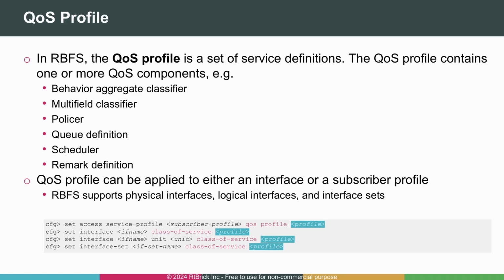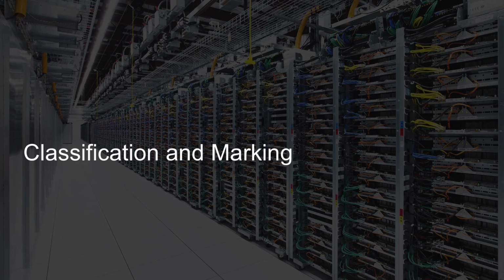QoS profiles are used to enforce quality of service on network interfaces or subscriber sessions, ensuring that critical traffic receives better treatment than less important traffic. RBFS supports assigning QoS profiles to subscriber sessions using the setAccessAccessProfile command, or to physical or logical interfaces using the setInterfaceInterfaceNameClassOfService command.